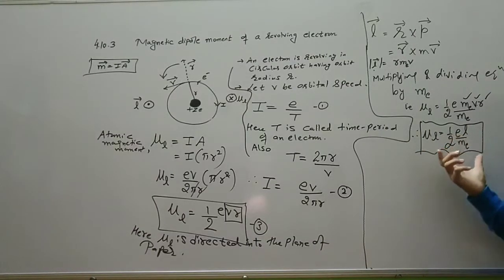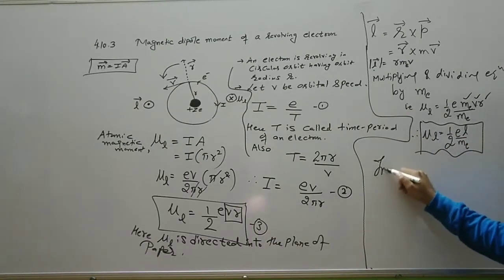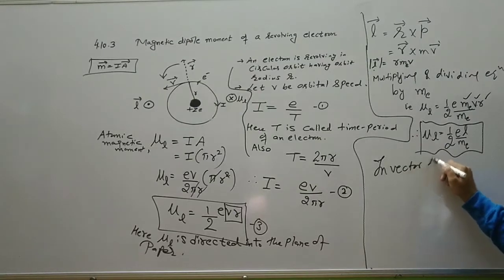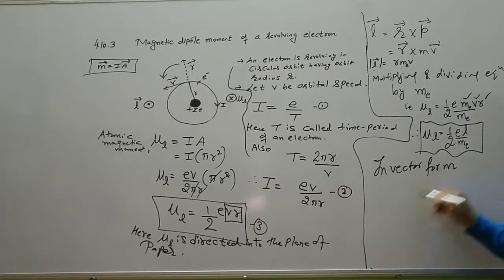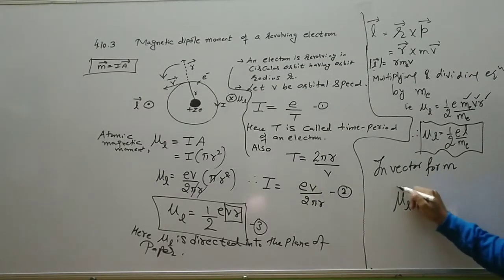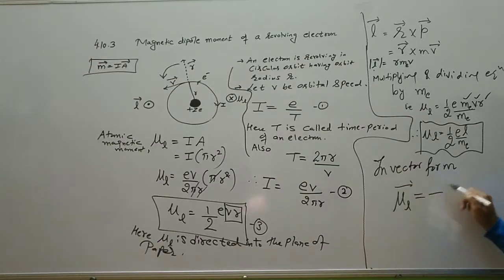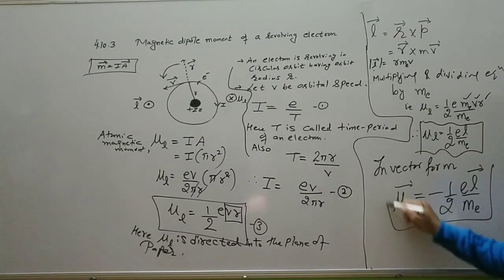This is a magnitude, but in vector form, mu L vector is equal to minus half e L vector upon m e.